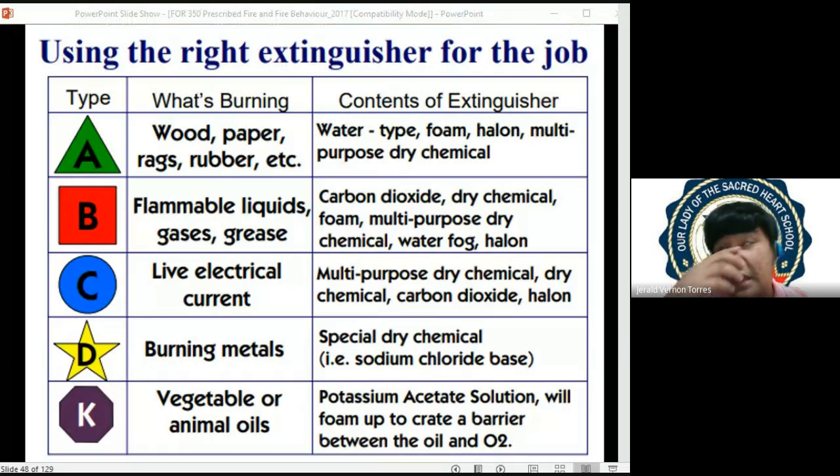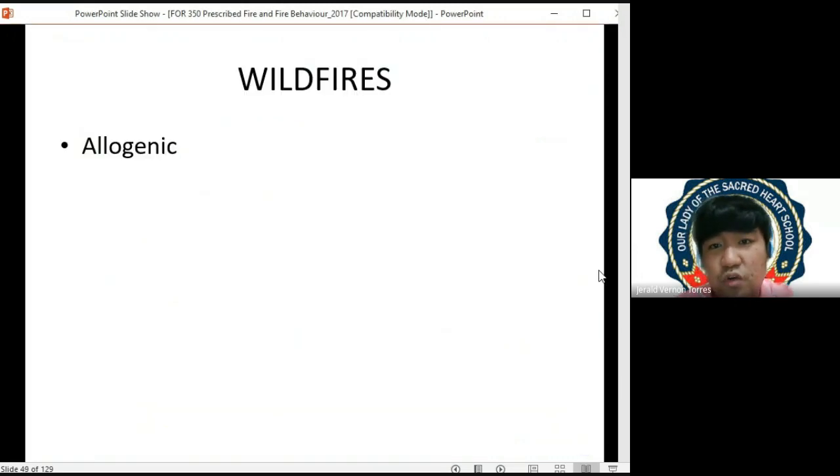So tatandaan ninyo, titignan nyo muna ano ang fuel for a fire before deciding what kind of extinguisher are you going to use. You cannot just use any fire extinguisher. You should determine the fuel or the cause of fire before using any extinguisher for an urban fire.